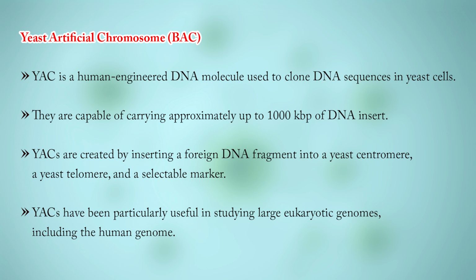If you want to make a genomic library of the human genome, or clone large gene clusters of the human for study of their regulation and analysis, such genomes can be studied very well in a eukaryotic host system. So, this has been specifically designed to study the eukaryotic genome.